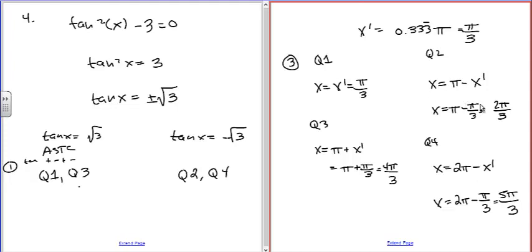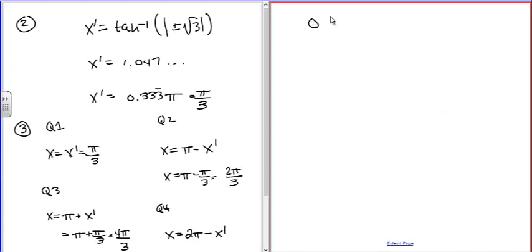So these are my 4 solutions between 0 and 2 pi. So that's going to be pi over 3. Second quadrant, 2 pi over 3. Third quadrant, 4 pi over 3. Fourth quadrant, 5 pi over 3.